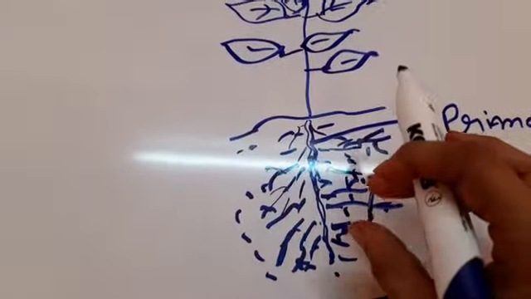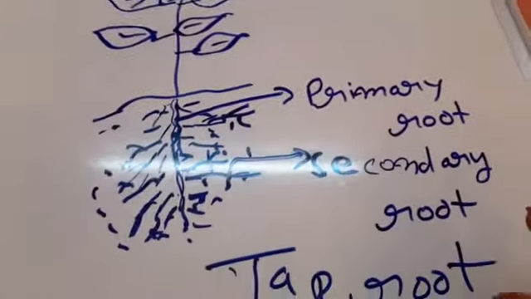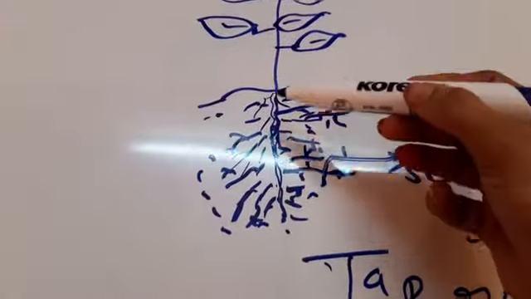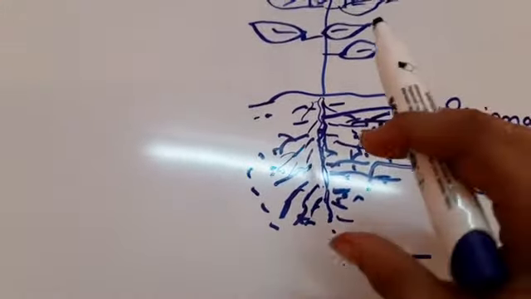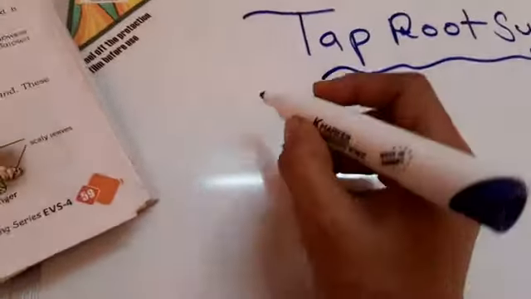These branches come from the main root. So this is a taproot. A taproot has a main root growing vertically in the ground, and some branches come out from the main root.